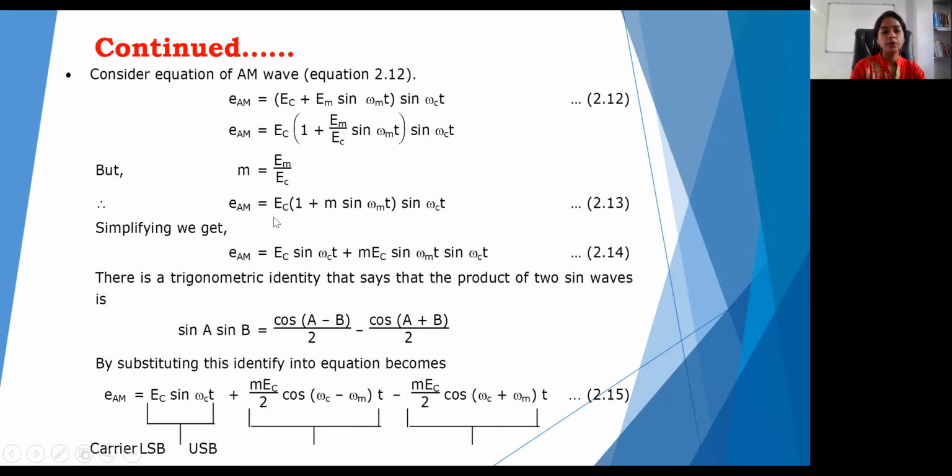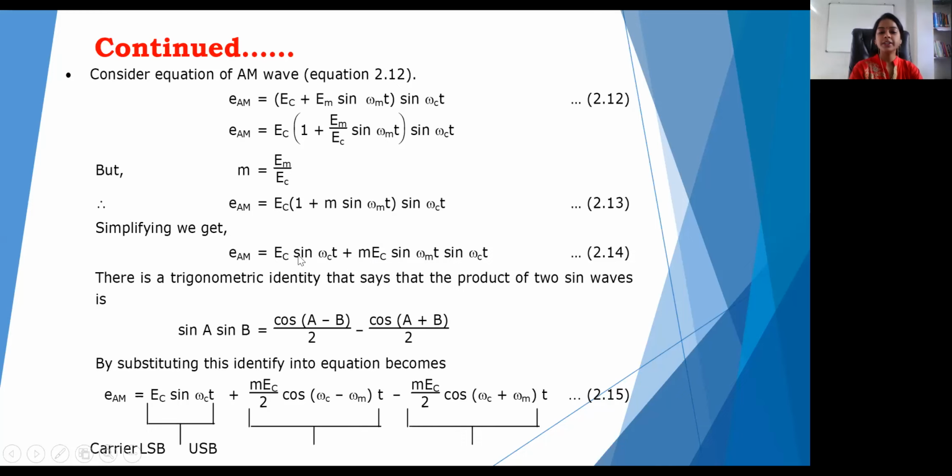So we keep EC as common, writing 1 plus EM by EC, and in place of EM by EC we keep m, then sine of omega mt, and sine of omega ct after the bracket. Then simplifying this, you have opened the bracket, so we can write this equation as EC sine of omega ct plus m EC sine of omega mt sine of omega ct.